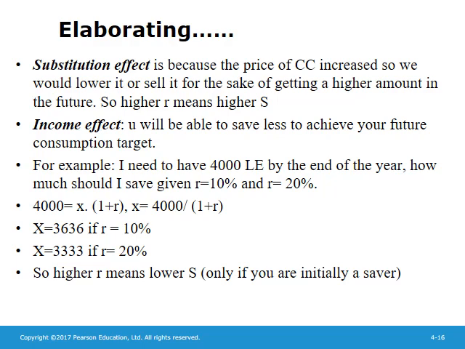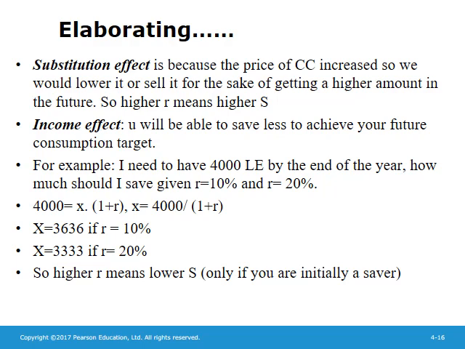As I just mentioned, I'm expecting more income in the future due to this increase in R, and thus I will increase my consumption and I will decrease my savings. Because with less savings, I can achieve the same consumption target in the future.